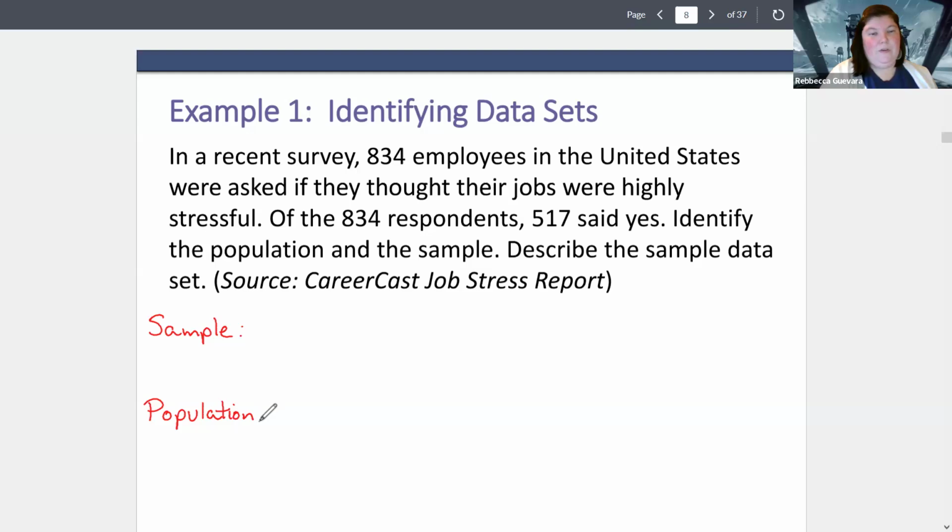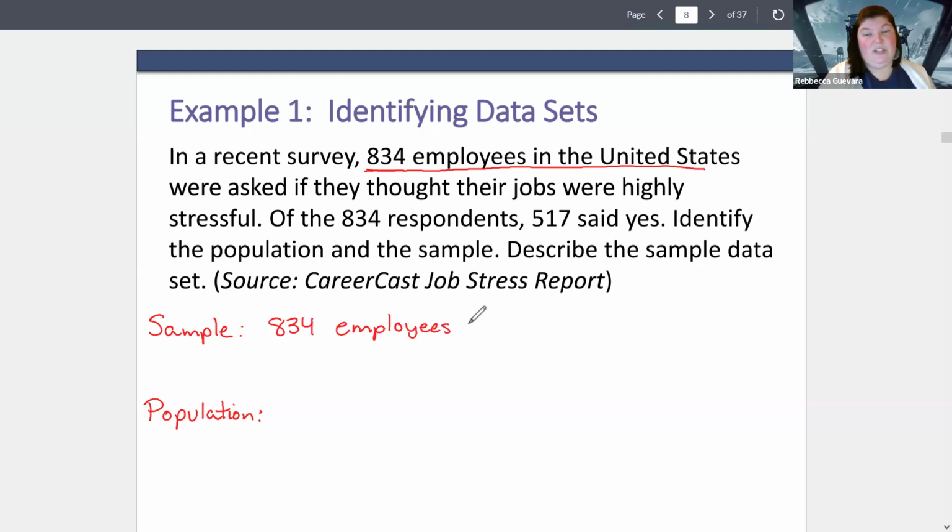Okay. So your sample is always a part of the population you're interested in. So this was a survey of 834 employees in the United States. So my sample would be those 834 employees.